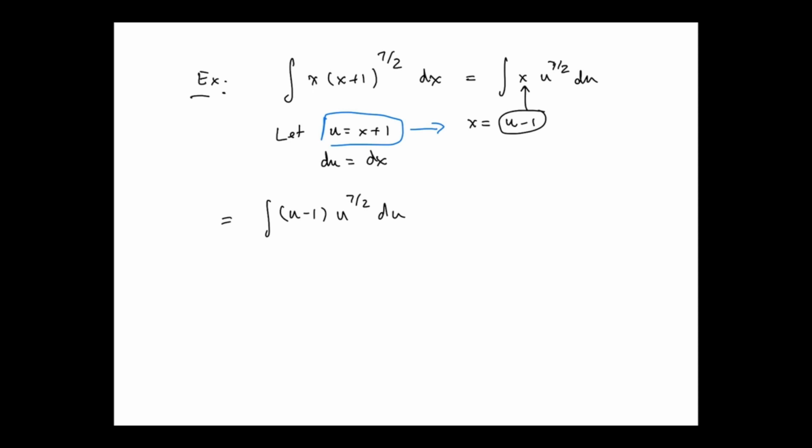Now what can I do? Now I can distribute. So let's do it. I'll have u to the 9/2 minus u to the 7/2.